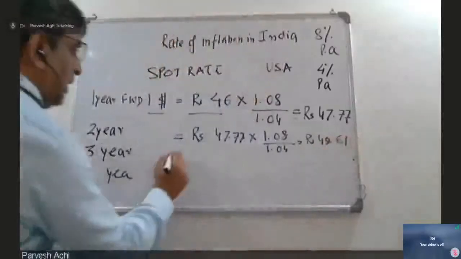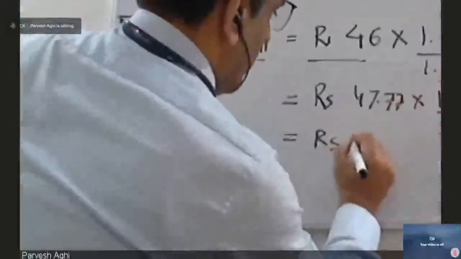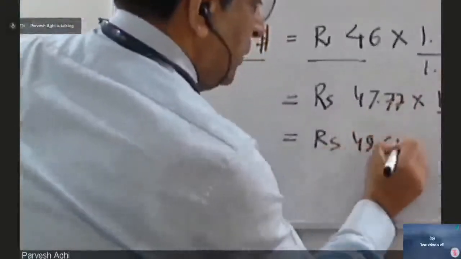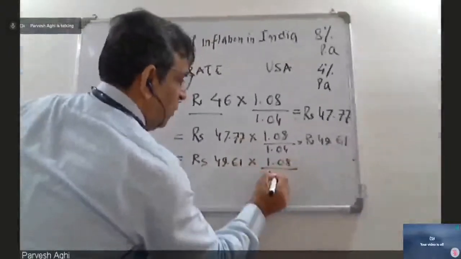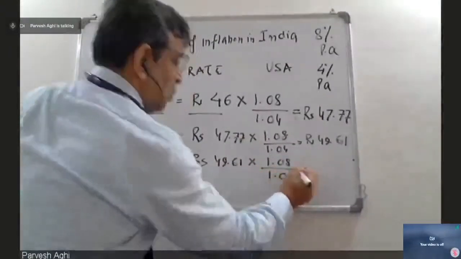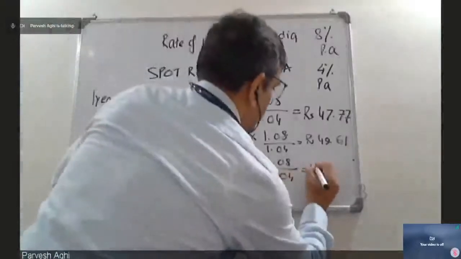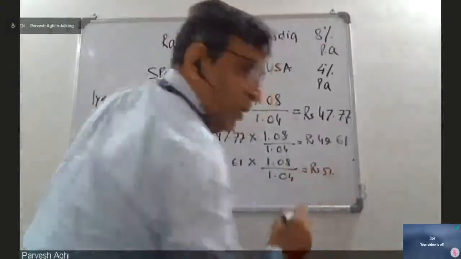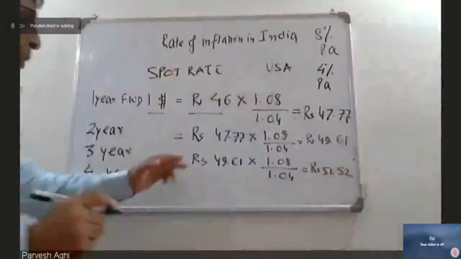And similarly for the third year, the rate will be 49.61 into 1.08 divided by 1.04. Solve this and you will get the answer as rupees 51.52. So now let me know what is the 4th year rate.